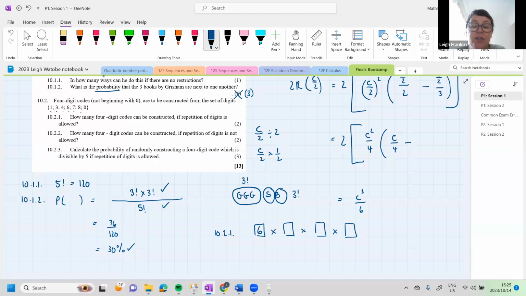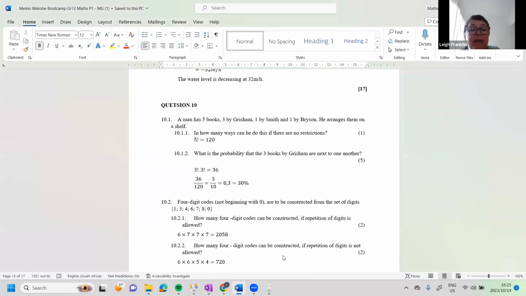So repetition is allowed. Okay, so that means we can have a 0 now. We can have any one of the numbers that have gone before. So we could have 7 numbers over here. All right, and then repetition is allowed. So we can have 7 numbers over here, and it means we can have 7 numbers over there as well. Does that make sense to everybody?